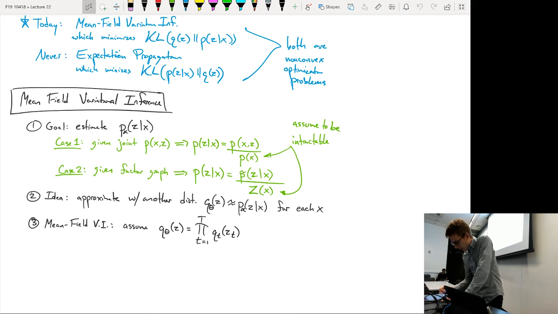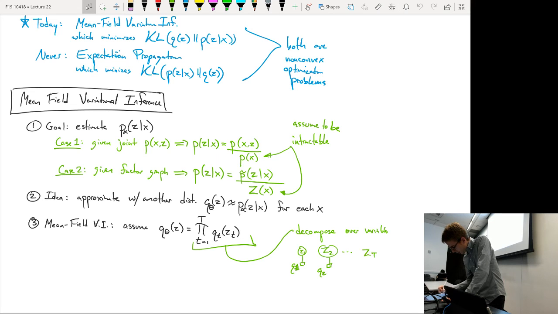So you could think of this as decomposing over variables. And if we're thinking about this as a factor graph, this looks like z1 with a little factor, that's the q1 factor. And then z2 has a factor, that's q2. And then all the way up to z capital T, and that has a factor q capital T.